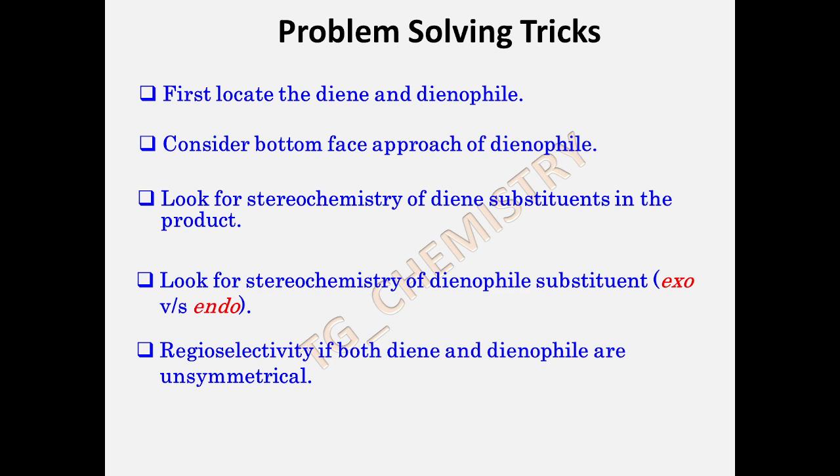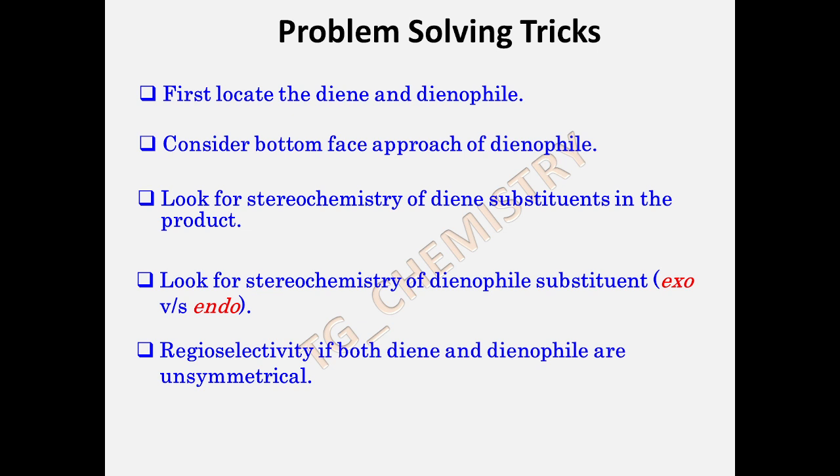Another one is that you have to look for the stereochemistry of the diene substituents in the product. The diene can be monosubstituted or disubstituted, and several constitutional dienes can be there in terms of the position of the substituent, and therefore you have to look for the stereochemistry of the substituents in the products as well. That is very important.